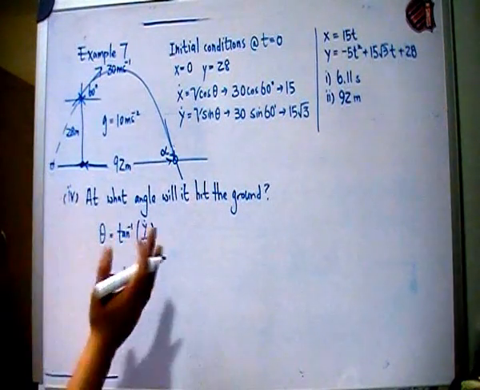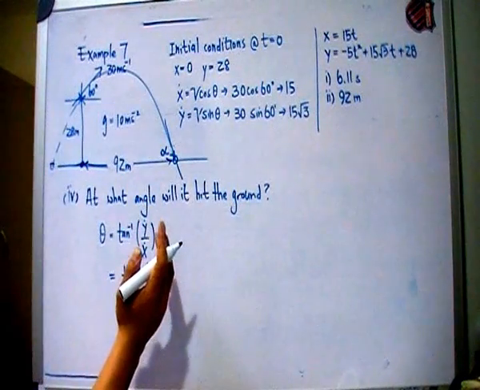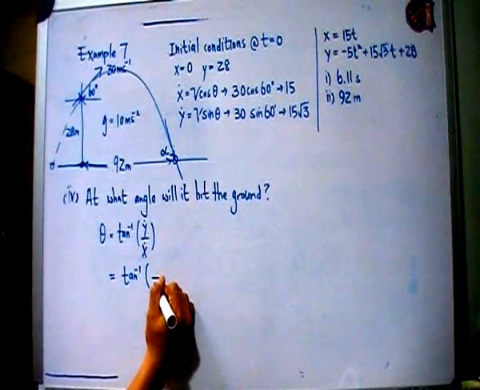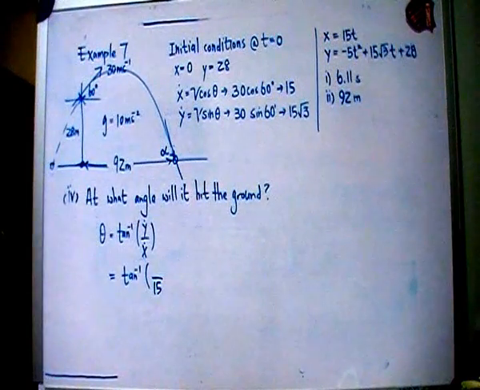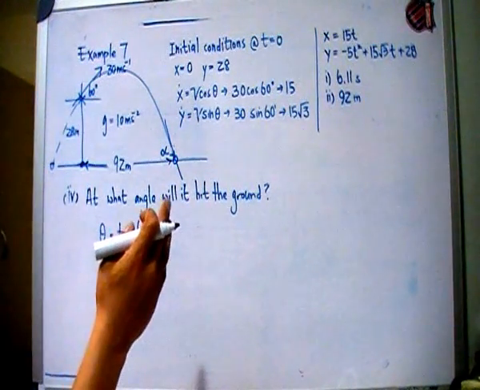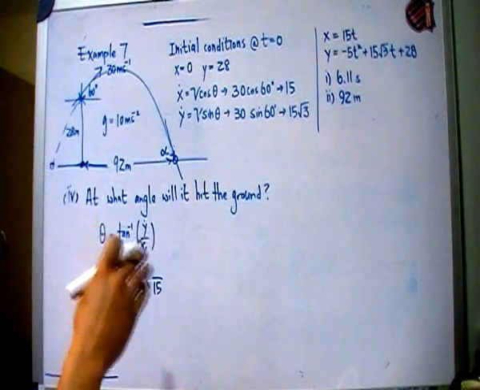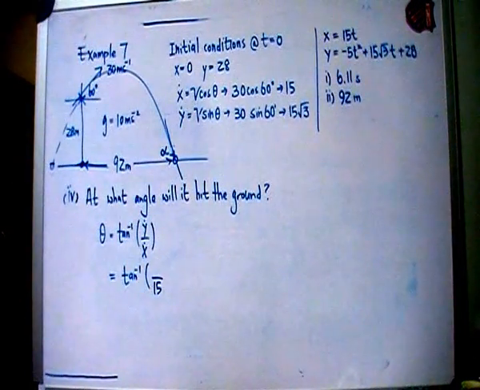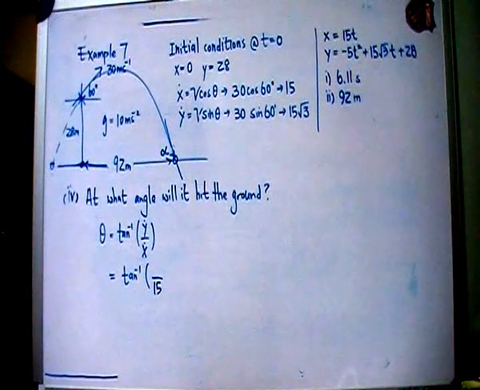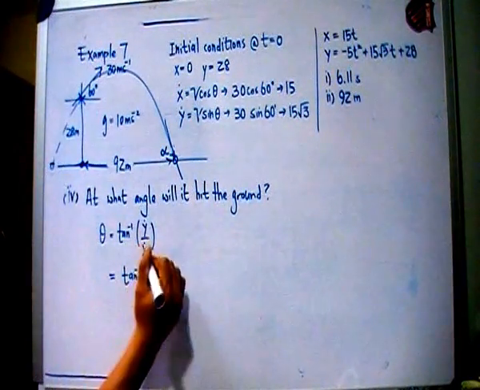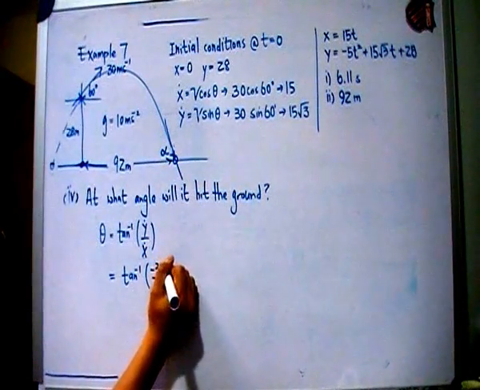I know x dot is 15. What was your y dot? Y dot would have been minus 10t, so it was minus 61.1 plus 15 root 3, which gave you something like minus 35.119.